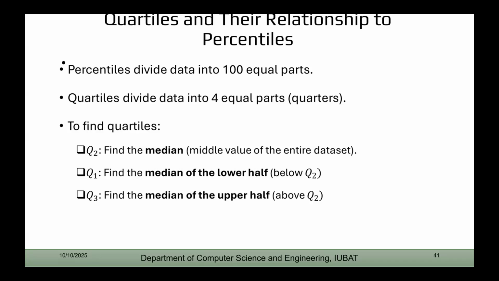Remember Q2, Q1, and Q3. If we find them, then we can get the quartiles. First of all, we need to find the median, the middle value of the entire data set. So find the median: let's say you have a data set something like this, and you are dividing it.